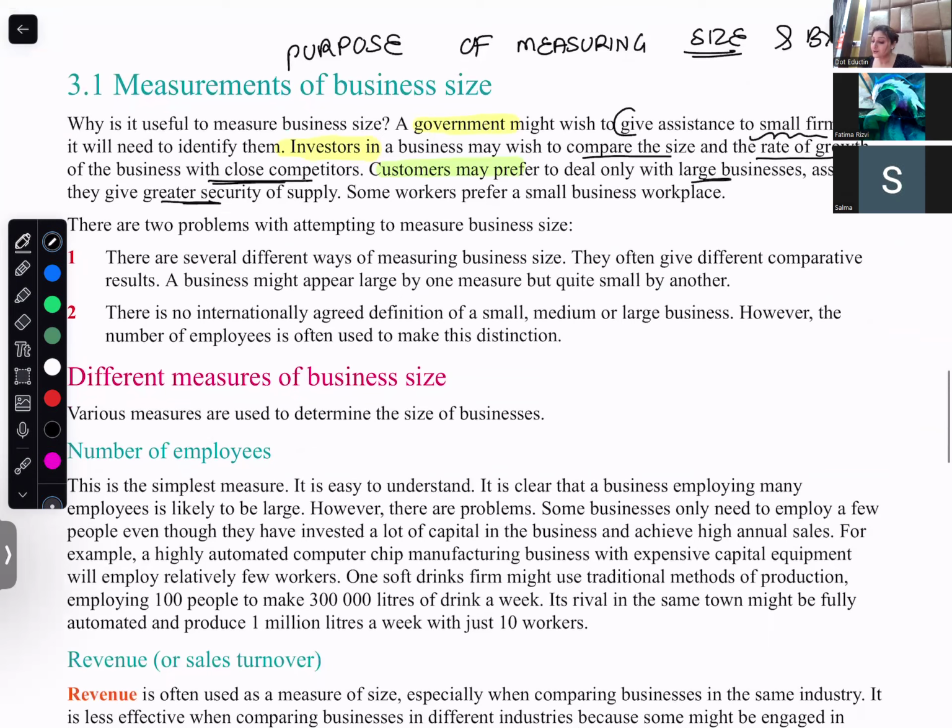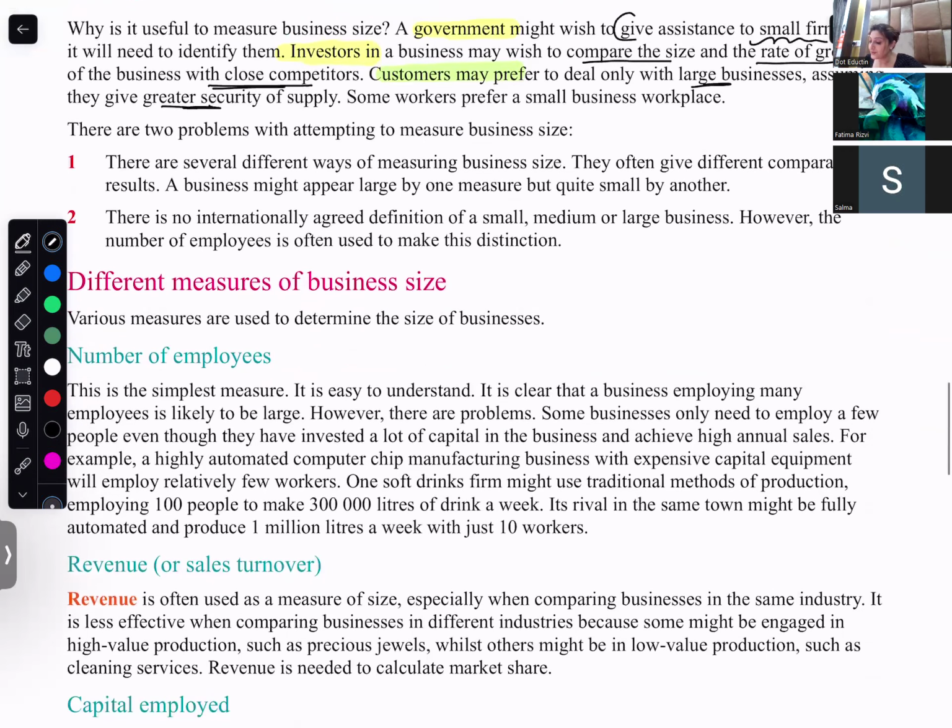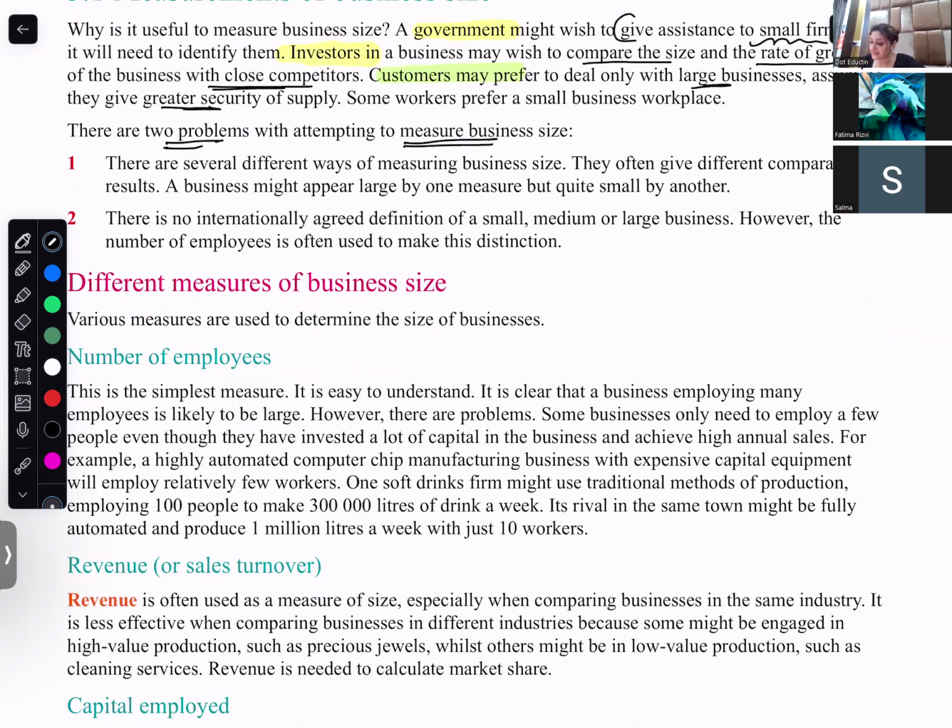But there are two problems when you attempt to measure the business size. What could be the problems? There's no set way of measuring a business. There are lots of ways to measure it, so some ways may be inaccurate to what you're measuring.